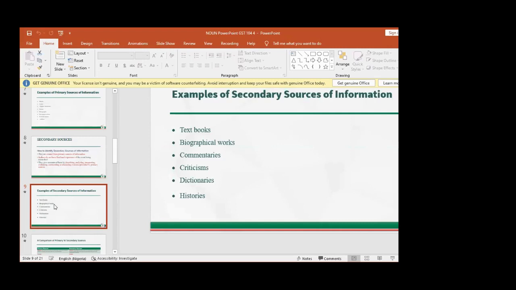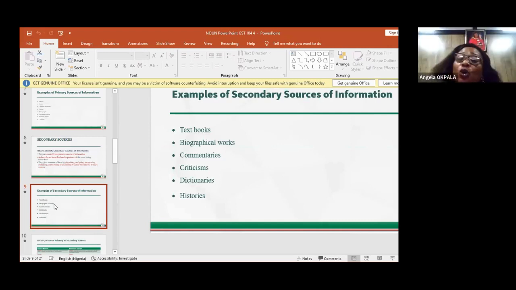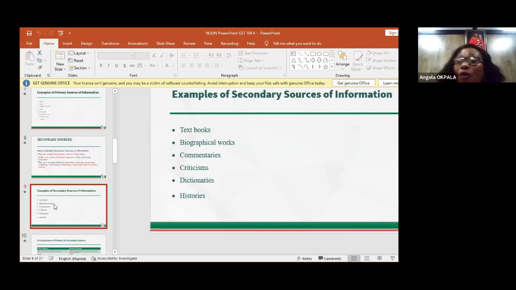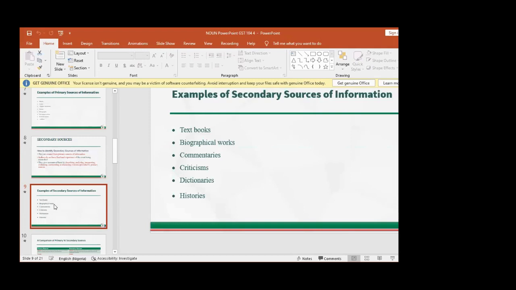I read up to come up with what is in your course material. So it's not an original source of information. It's a secondary source that has been based on a primary source. The same thing with all the textbooks. Biographies, some commentaries, criticisms, dictionaries, of course, are all secondary sources of information.